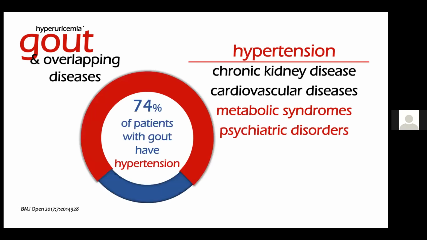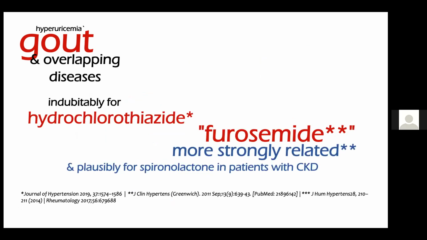Among these conditions, one of the significant ones is hypertension, and that is why it was mentioned last time. The second reason why hypertension was mentioned is that hydrochlorothiazide, which is one of the first line treatments that we use for hypertension, is linked to increasing uric acid and causing gout.